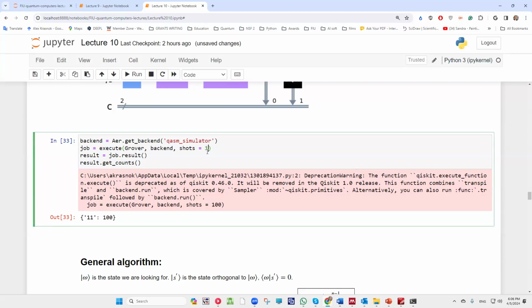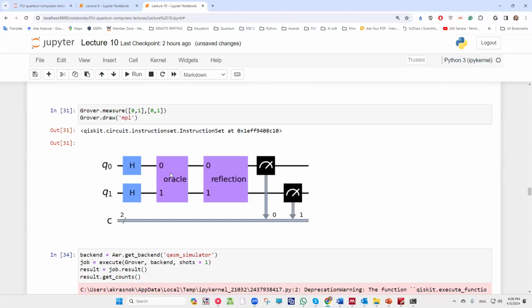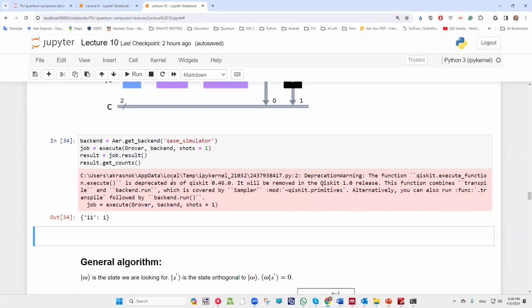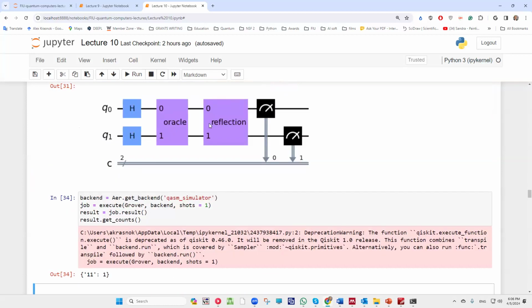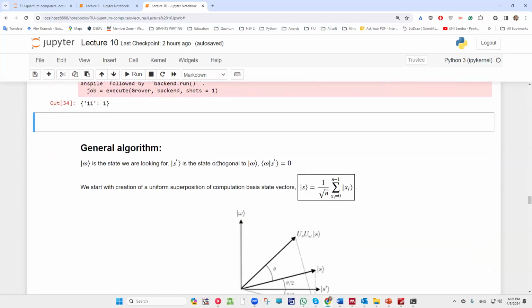So it indicates that the oracle with reflection applied just once is enough to find the particular element of interest. Yeah, so just one call, and one application of oracle and reflection.